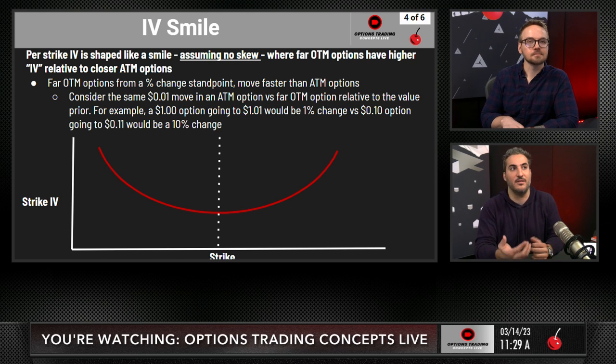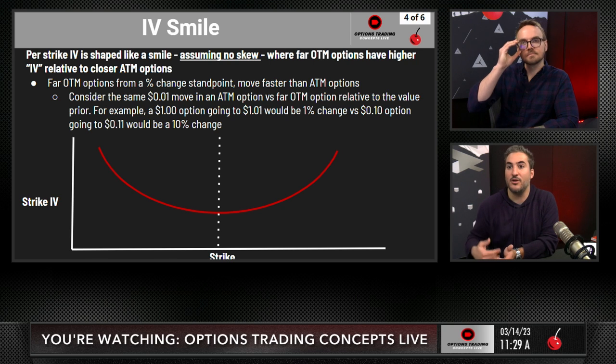So when you think of it like the example we have here, if you have an at the money option trading for $1, it has a 50 delta, and that option goes to $1 and a penny, right? 1.01. That change is much less relative to a 10-cent option that goes to 11 cents.